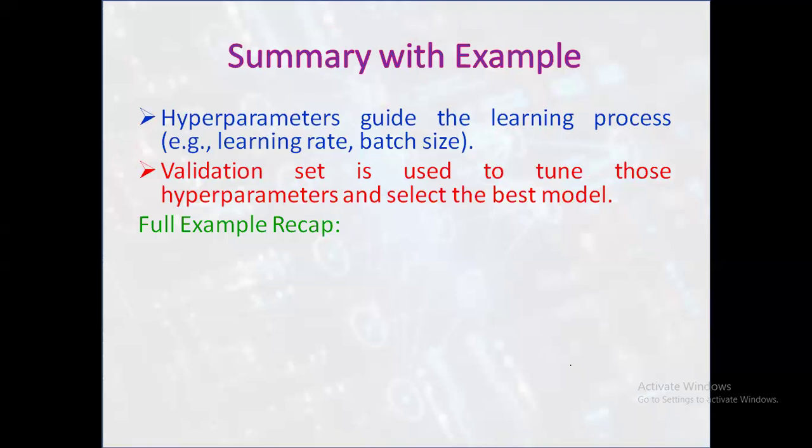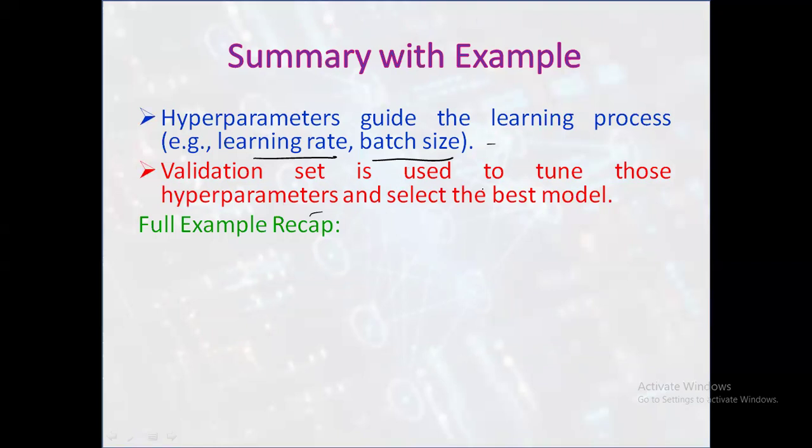Next, coming into the summary, with example, hyperparameters guide the learning process. That means learning rate and batch size. They define how the model is trained, controlling learning speed, depth, and other behaviors. Without proper hyperparameters, even a powerful model may perform poorly.